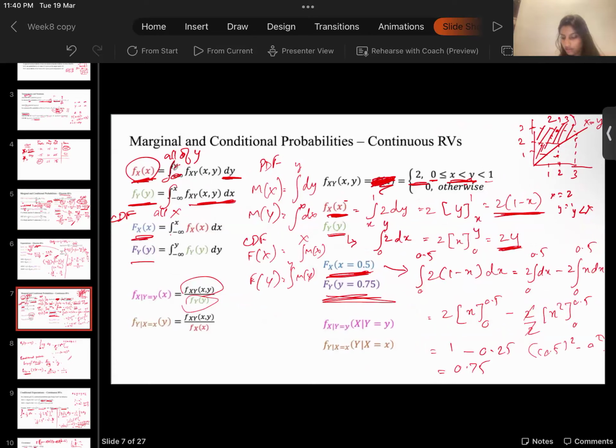But wait a minute. This is for f of xy, so this is for a continuous random variable. Oh yeah, you're right. It's all in terms of y. So probably the question is wrong or the options are wrong.